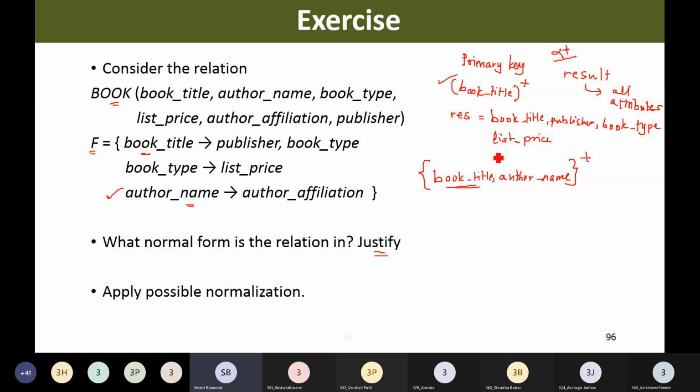Once again, only book title is not the super key because we have tested that earlier, and only author name cannot be my super key. So this combination of attributes would be my super key or my primary key. Got it?